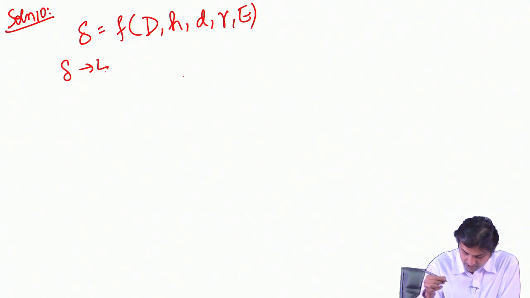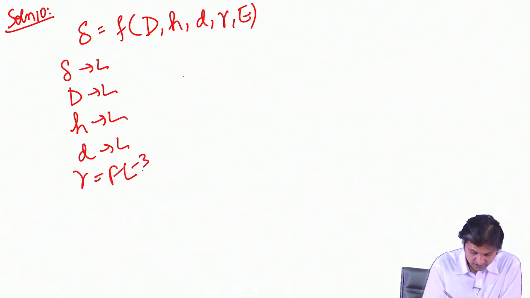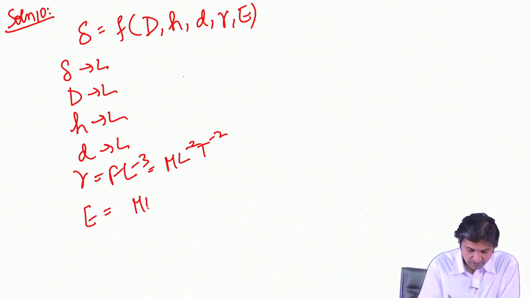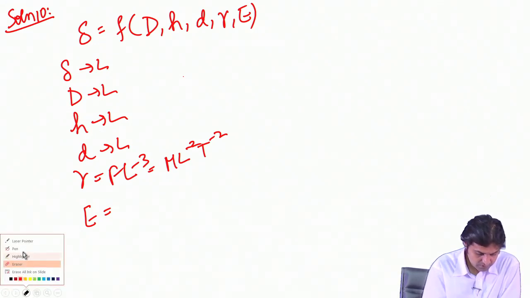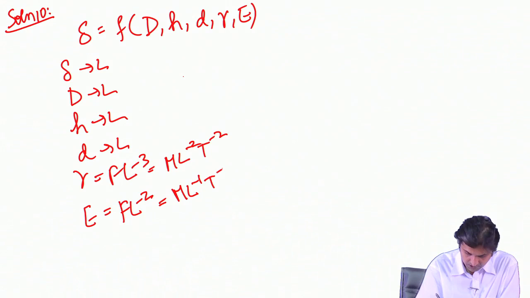Dimension here is length L, D is also length, h is also length L. Okay, small d is also length L, gamma is FL minus 3, or we can write ML minus 2 T minus 2, E is FL minus 2 or ML minus 1 T minus 2.